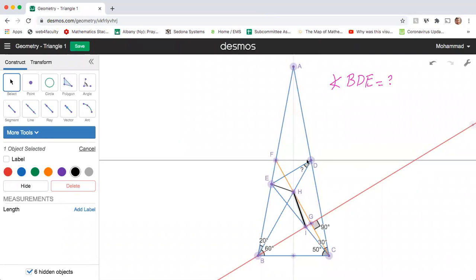Well, we first noticed that angle DFH is congruent to angle FCB. So this angle is congruent to this angle because the line DF is parallel to BC.